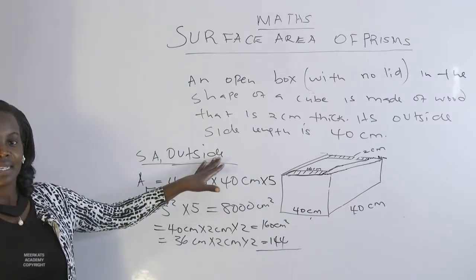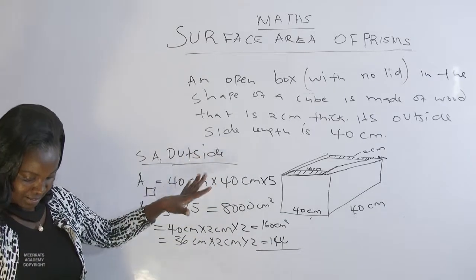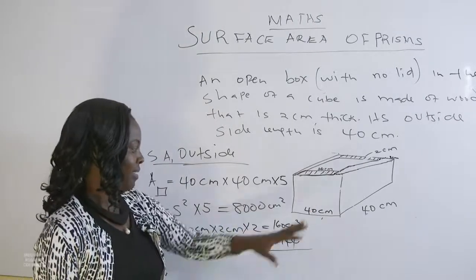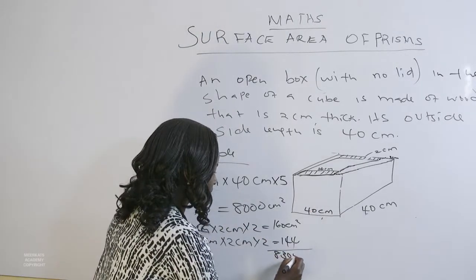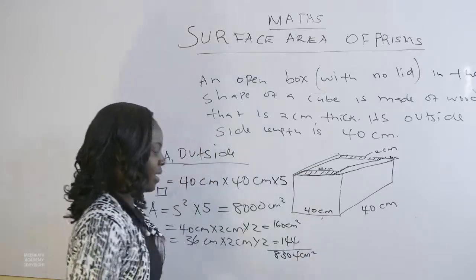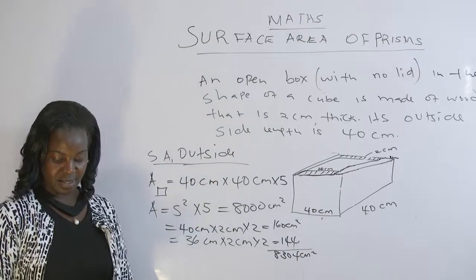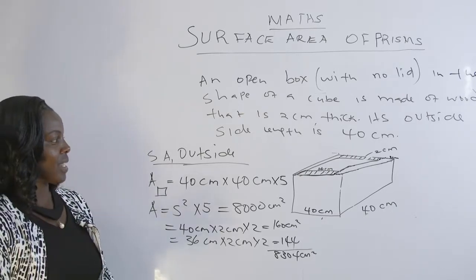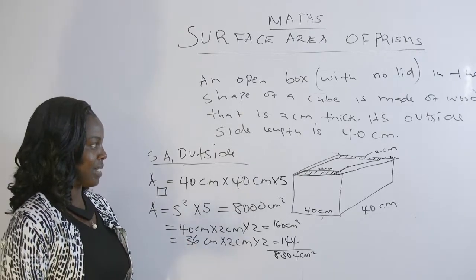If we add the surface area for the outside surfaces, we'll have 8,304 square centimeters. Let's now calculate the area for the inside.